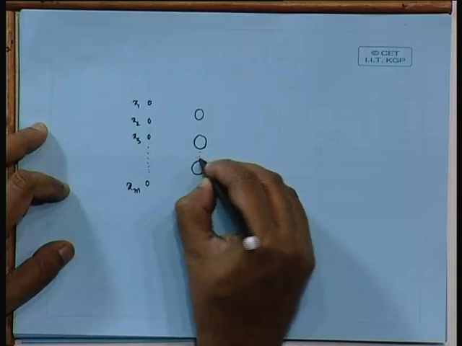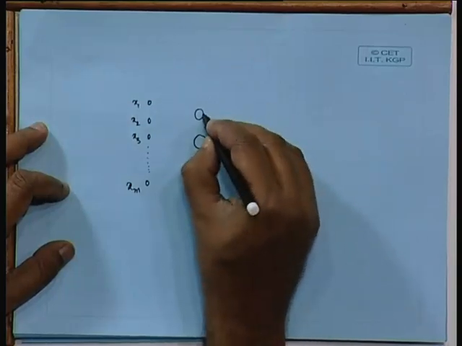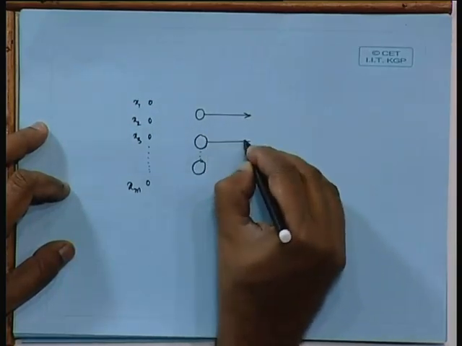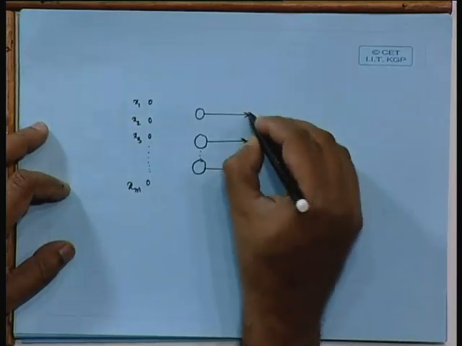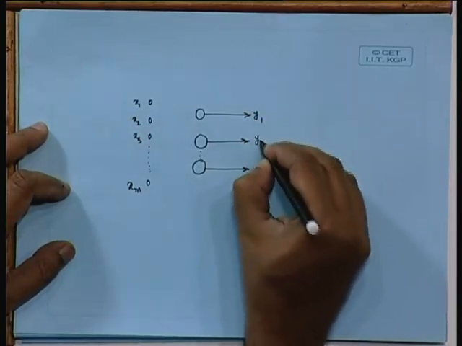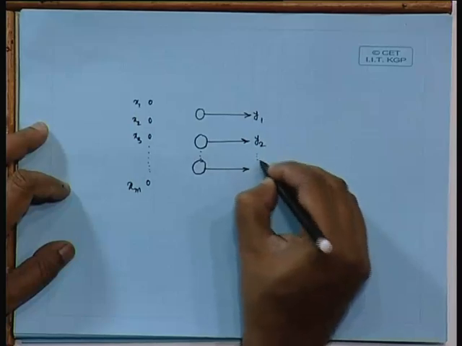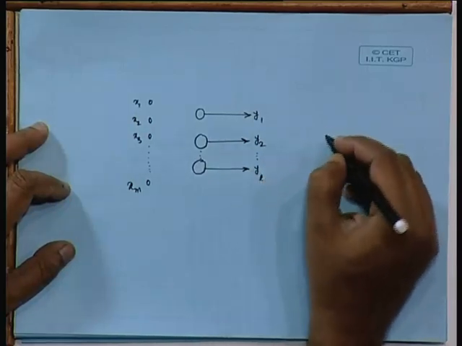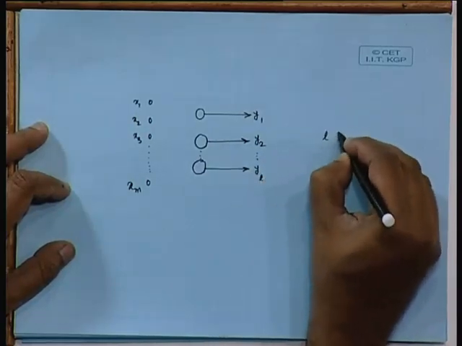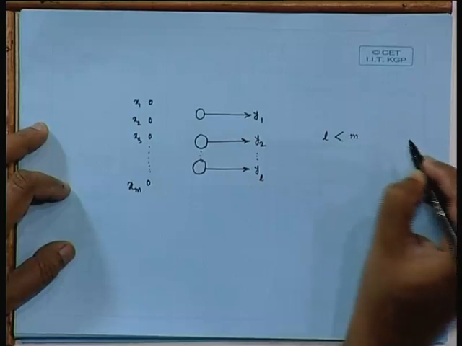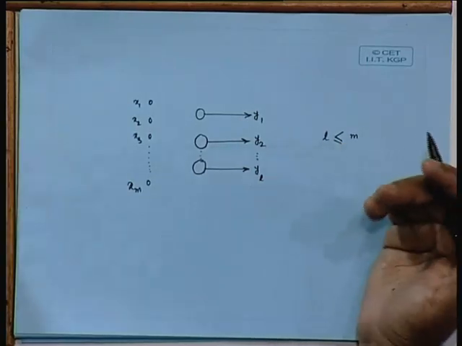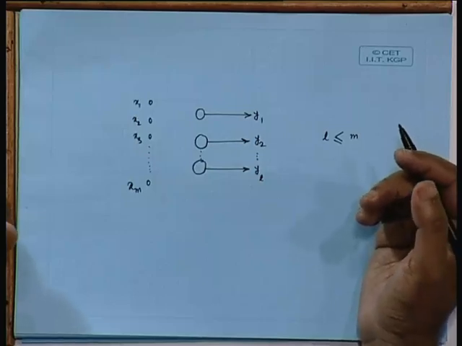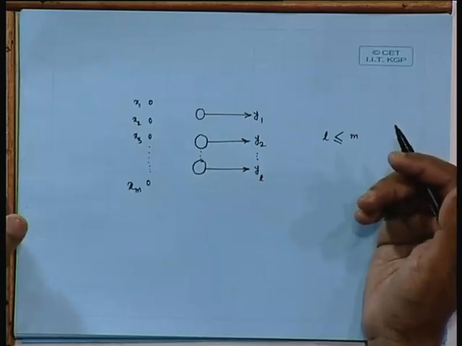So, we are taking L of them, so that we will be generating L outputs, y1, y2 up to yL, and our L is going to be less than or equal to m, typically less than m only. That is what we will be having if we are going in for a data reduction.